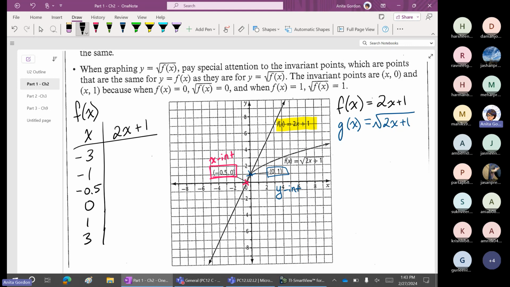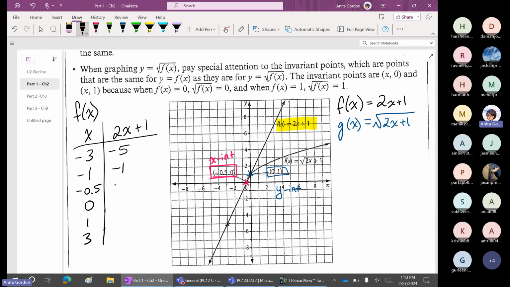Okay, so f of x, this is our line. Hopefully we can do this a little bit quickly. 2 times negative 3 plus 1, what would I get? Or you can look at the graph. Negative 3, negative 5. What about negative 1? Almost. Negative 1, yeah.